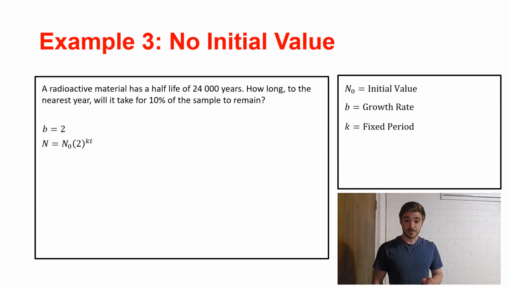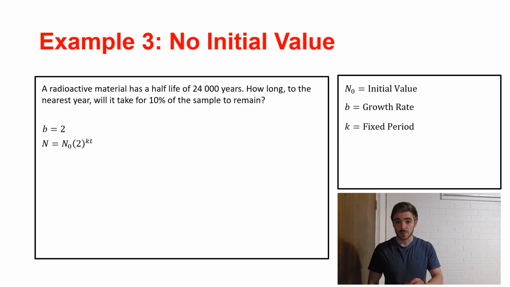Oddly enough, in some circumstances, you don't actually need to know the initial value of your exponential. We can actually look at the previous example and strip that information away and still be able to solve it. The reason why we can still solve this is because all the information given to us is in terms of percentages rather than fixed amounts. What we do is skip right to the part where we start solving for k.